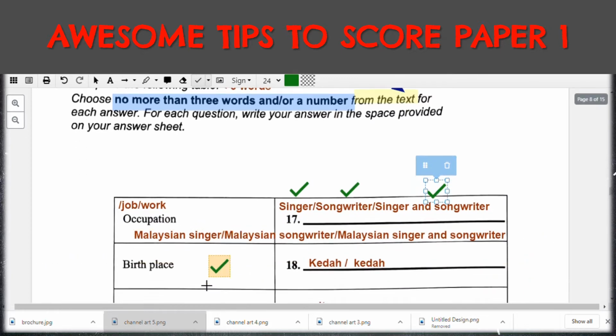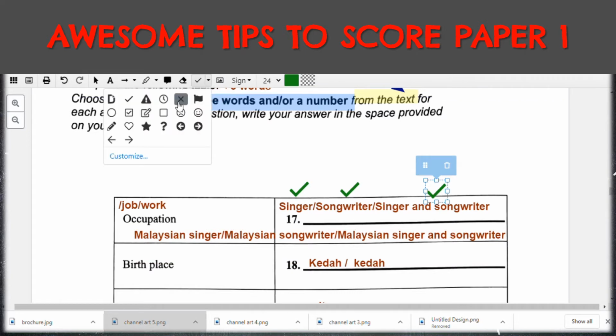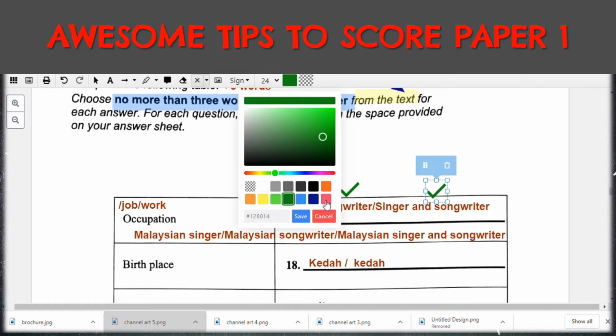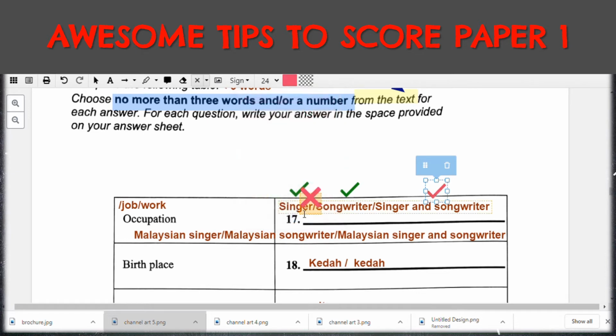Now look here. Malaysian singer, can it be accepted? No, it cannot be accepted. Why? Because the question asked for occupation.